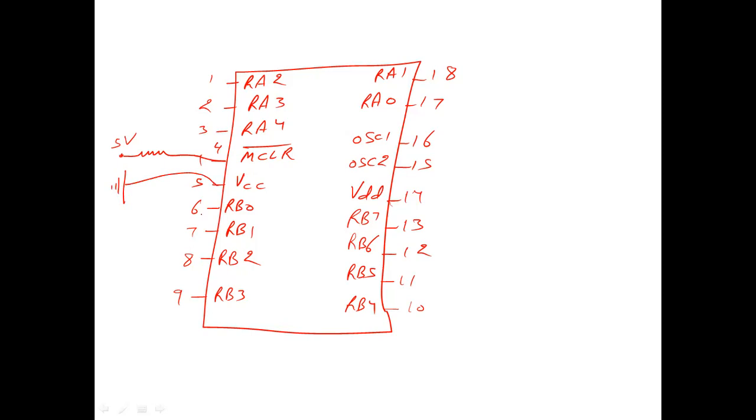Okay, and we have an oscillator or the clock, the crystal attached to OSC1 and 2 in this fashion. Here is the capacitor and it is grounded here. This capacitor can be 22 picofarad. And here we have the crystal for clock.